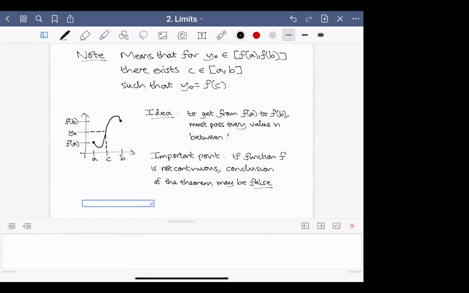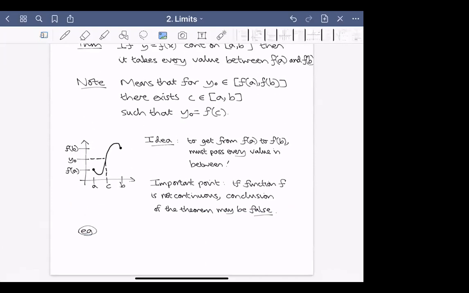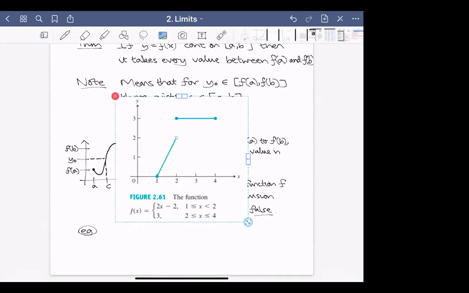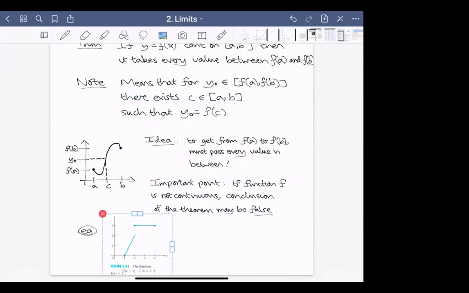Okay. So let me show an example of why this theorem needs continuity. So, an example from the book.